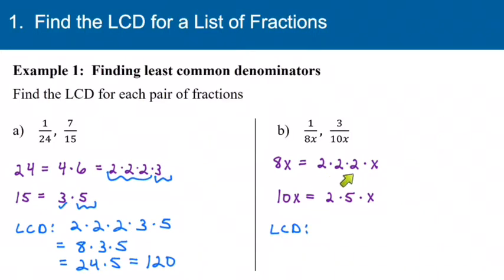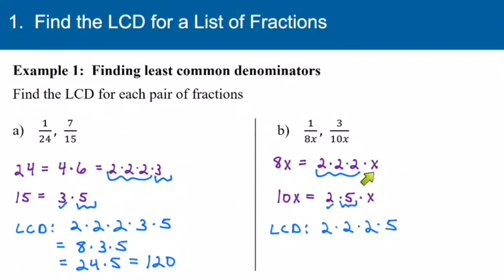Okay, so we have the prime factoring here for each denominator. Now let's build our LCD. So we have 3 2's here, and then 1 2 here, and so we'll put down the 2 3 times. So we'll have 2 times 2 times 2. Now let's do the 5. I have no 5's in the first denominator, but I have 1 5 here, so I'll need to put the 5 down once.